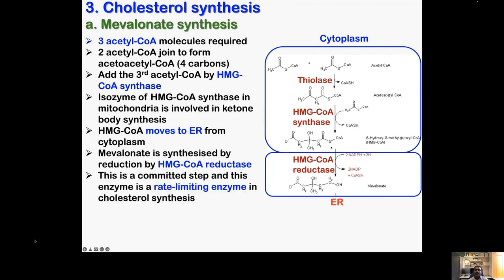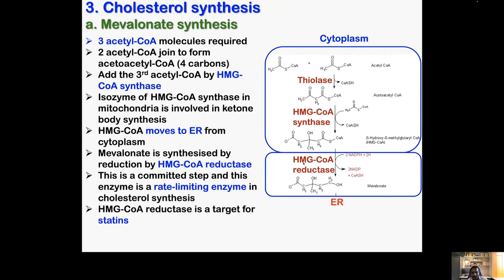This HMG-CoA reductase is an important enzyme because it's the rate limiting enzyme for cholesterol biosynthesis. You must remember the name of this enzyme, HMG-CoA reductase. It's the enzyme target for statins. We take statins during cardiovascular disease progression in order to control our cholesterol level.